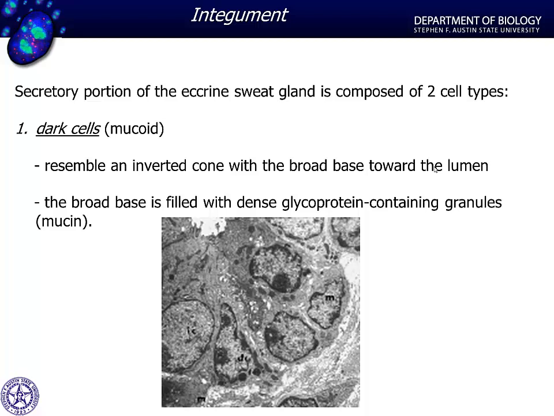Now, it's going to be in this base where we see this glycoprotein-rich mucin that's going to be produced. And remember, once we express the mucinogen, it's going to be hydrated into mucin. And then once we add in component parts, especially debris, then we have mucus.